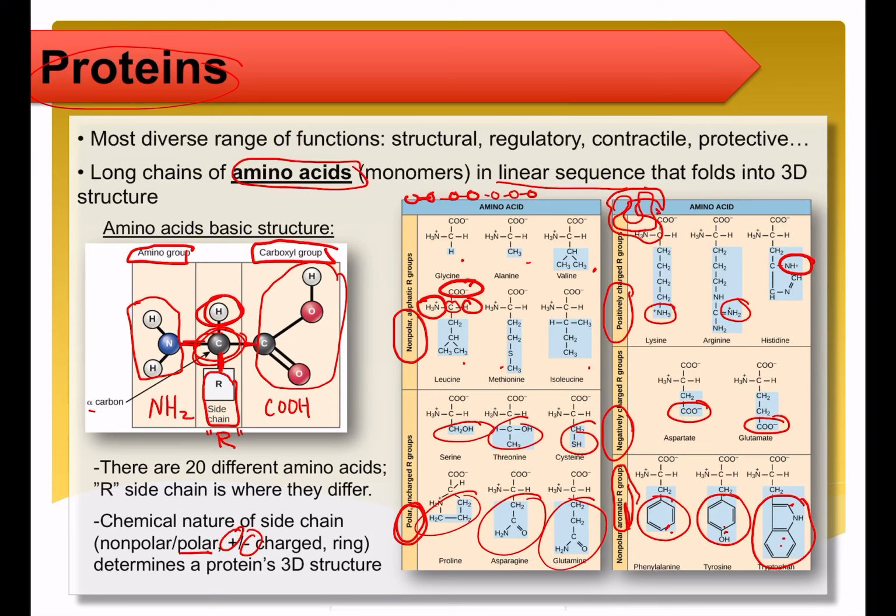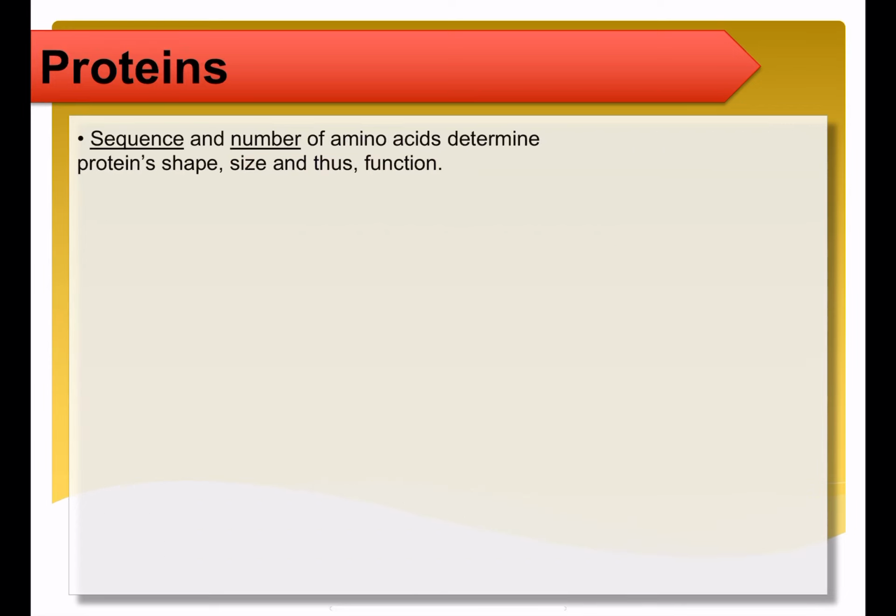So the interaction between these side chains, all those different chemical interactions we talked about in the last chapter, is what forms that basic 3-dimensional structure that I will talk about in detail in a bit. So hence, it is the sequence and number of amino acids that will determine the protein shape, size, and most important of all, function.